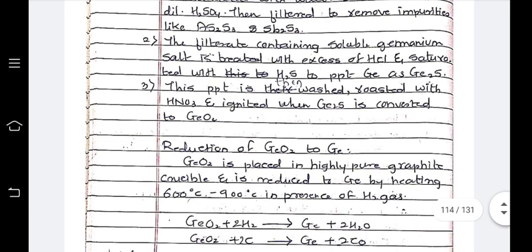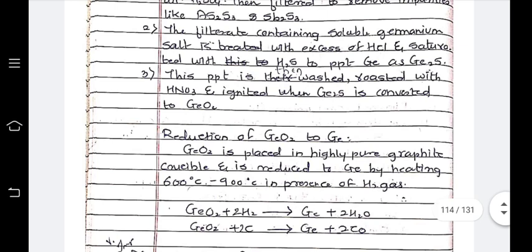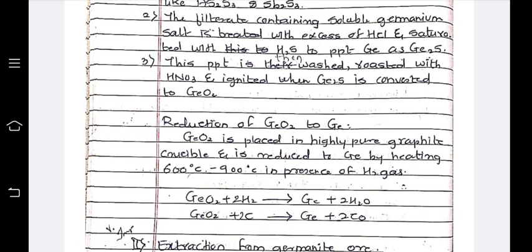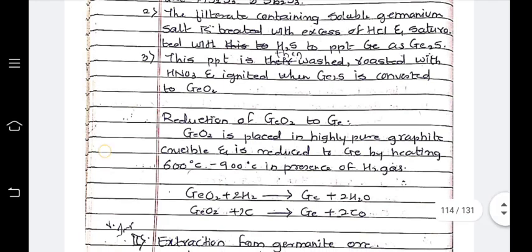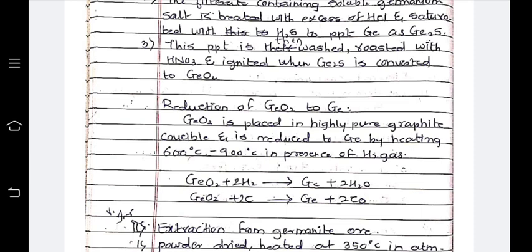Then it is filtered to remove impurities like As2S3 and Sb2S3. The filtrate containing the soluble germanite salt is treated with excess HCl and saturated with H2S to precipitate germanium as a sulfide.